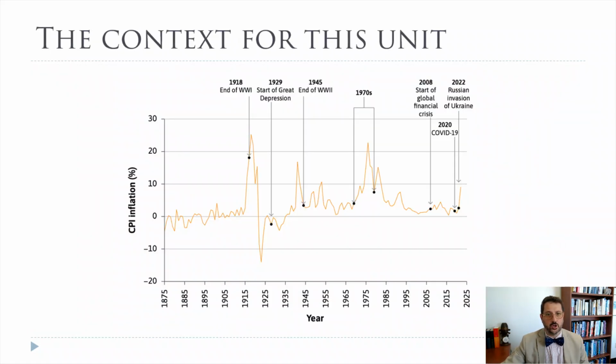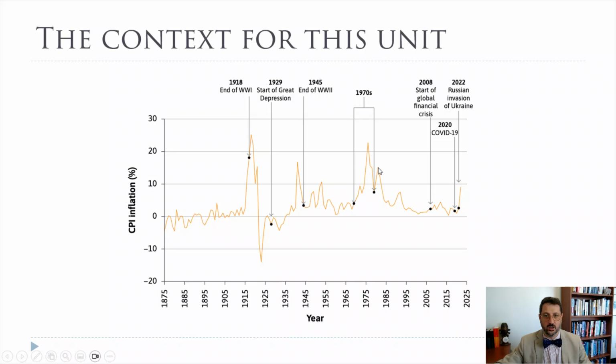All right. So if we look at inflation, and this looks like UK inflation, we can see that there are periods where inflation can be really high. Often in a war, where there's a lot of demand for labor and for goods, prices will spike.